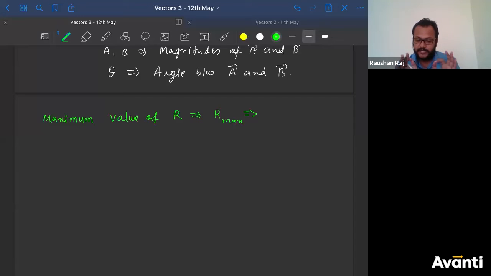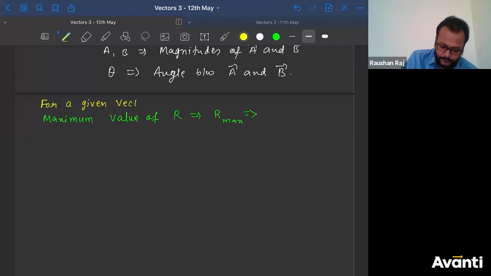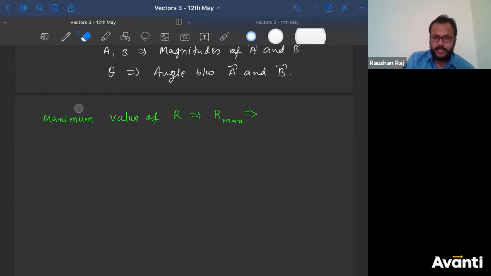For a given vector A and B, that I'm not changing, okay? What I'm writing is: for a given A and B, that is, without changing the magnitude. I'm asking what is the maximum value of R when you are not changing A and B.